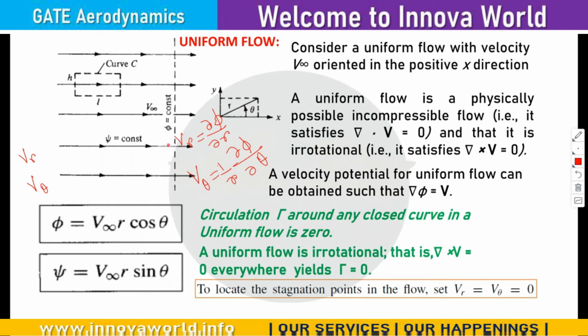Now what will you write if you have to write for a stream function? You have to write 1 by r dou psi by dou theta, and the other will become minus of dou psi by dou r.